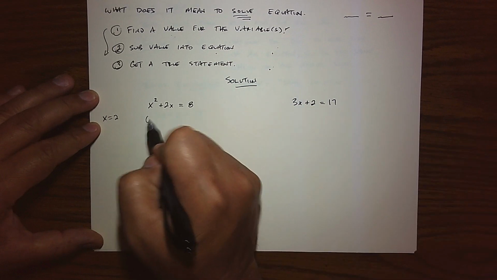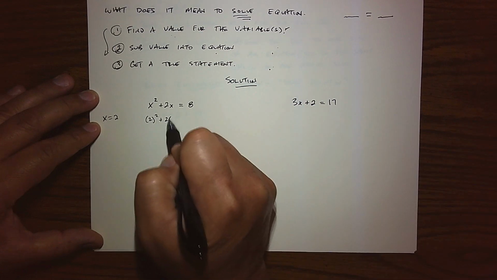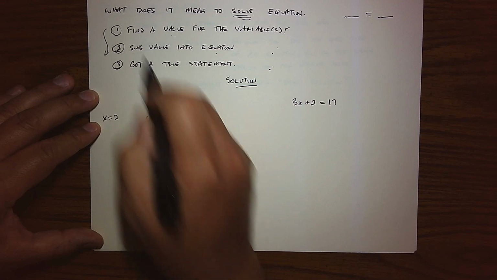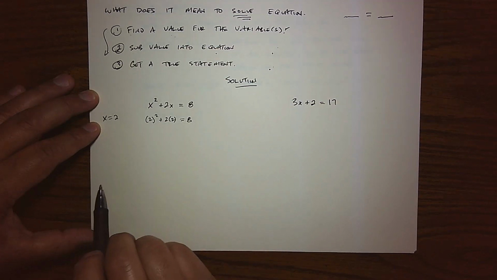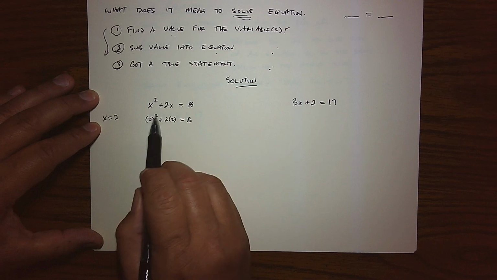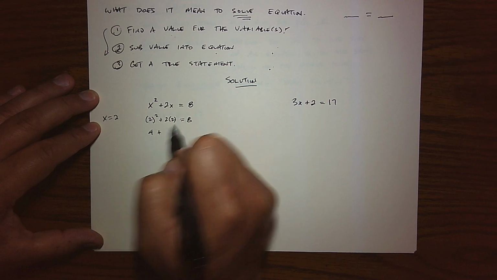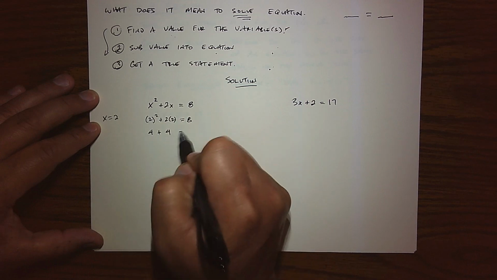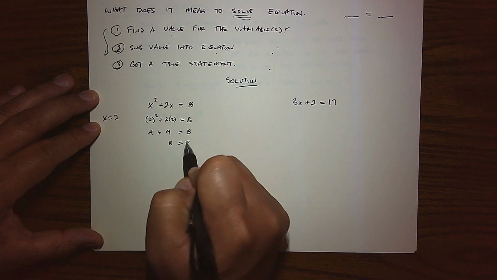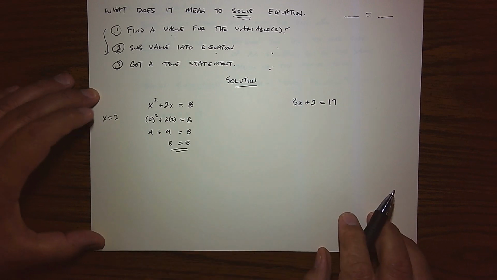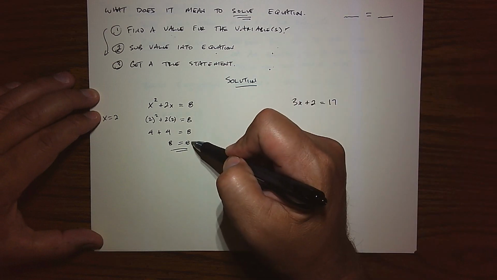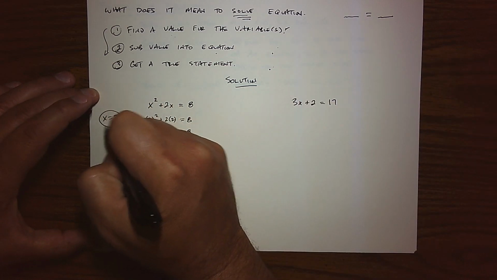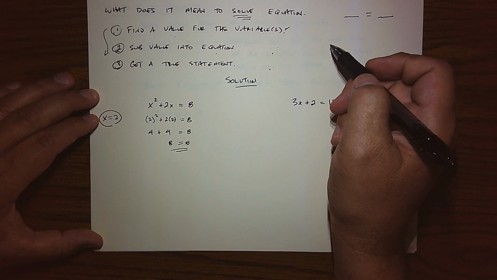When I plug 2 in there, I gave myself a value, I found a value, I subbed it in, and now I'm going to see if I get a true statement. So order of operations, 2 squared would give us 4, 2 times 2 would give us 4, and lo and behold, I got really lucky on my first guess. Thank goodness my favorite number is 2. And so we basically found a solution. So I say x equals 2 is a solution.